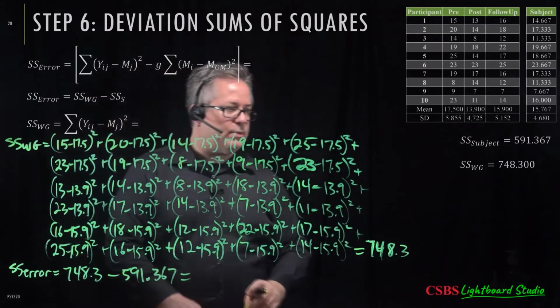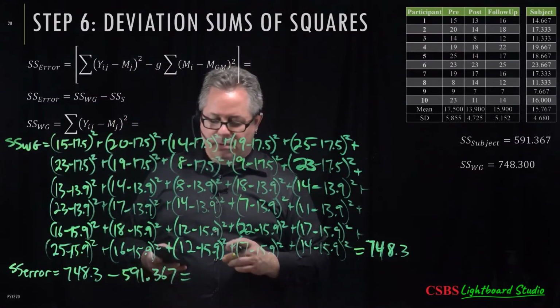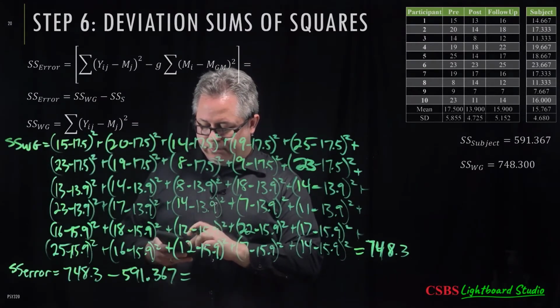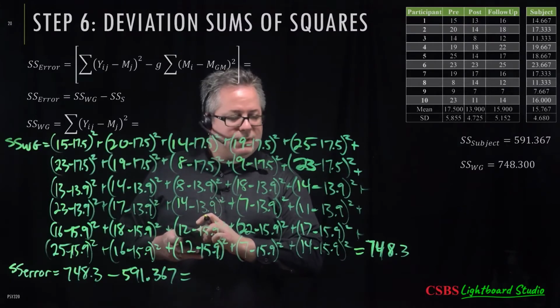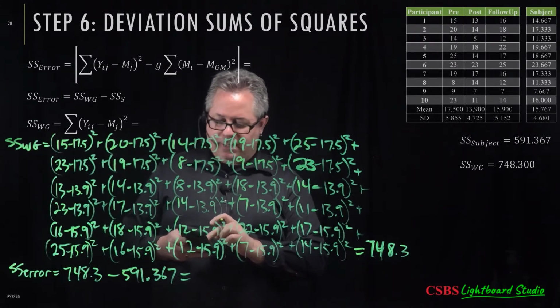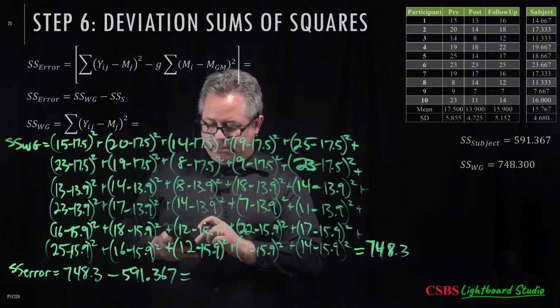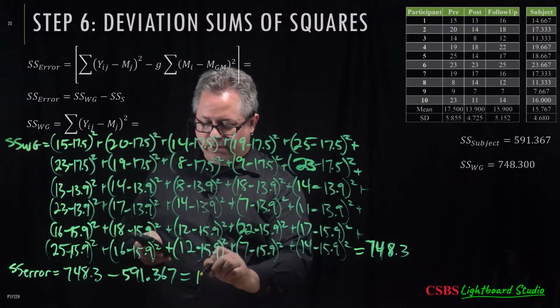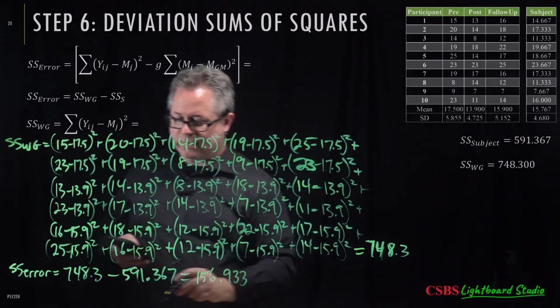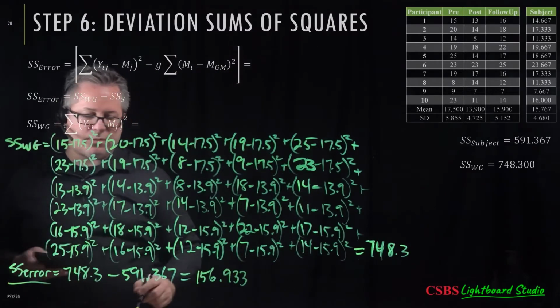So subtract those two: 748.3 minus 591.367 equals 156.933. And this is our sum of squares for error.